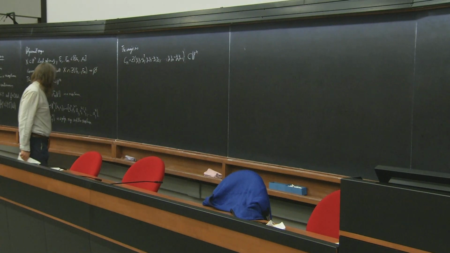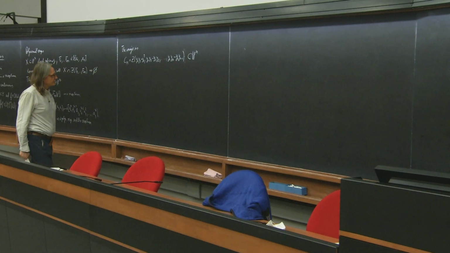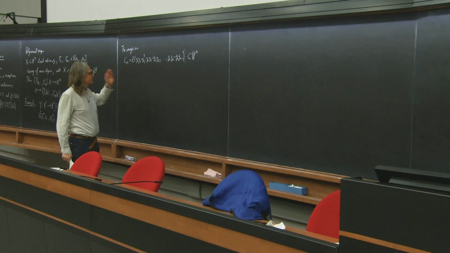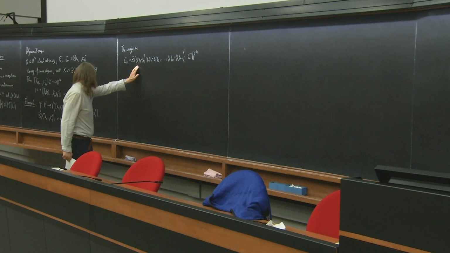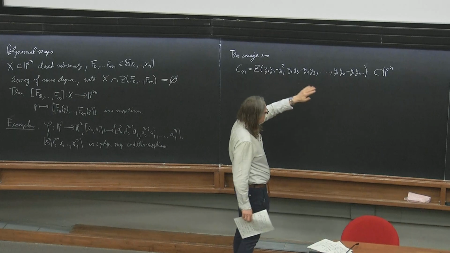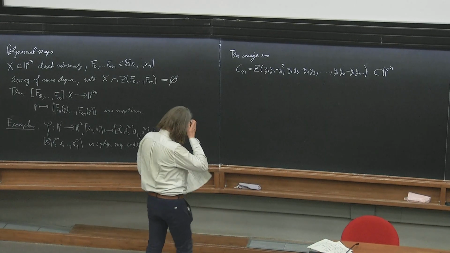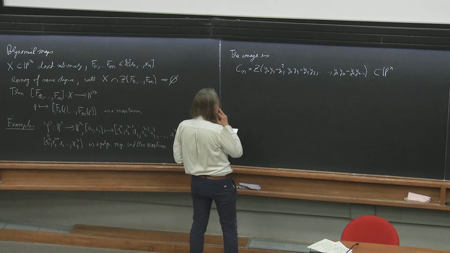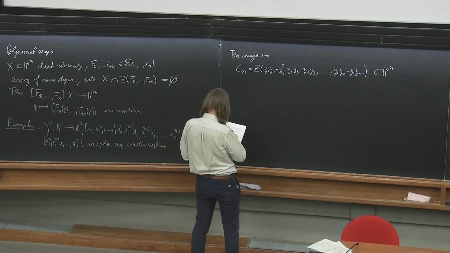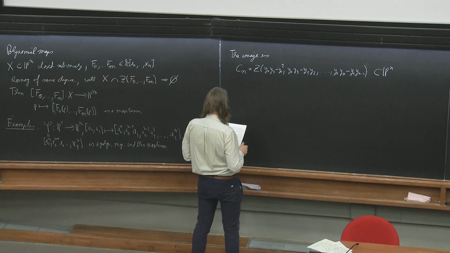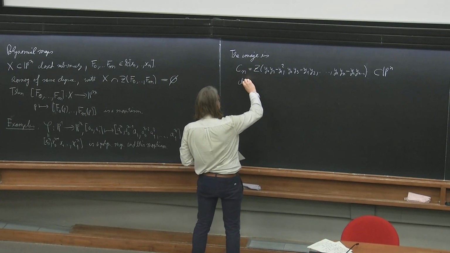And you can also rather easily see that you can reconstruct A0, A1 from this. So in fact, this is a closed subvariety.